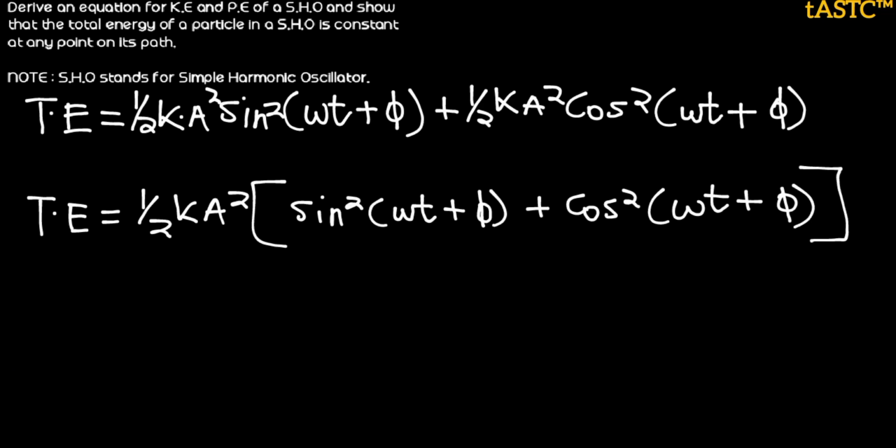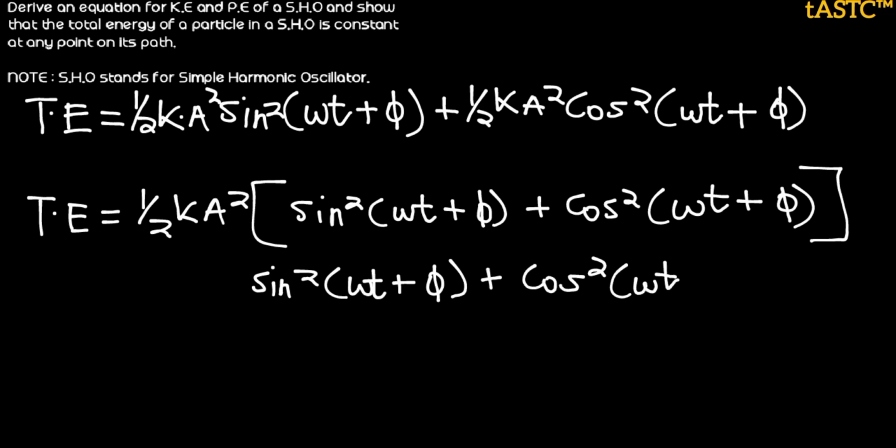Now we already know from the trigonometric identities that if you got sine squared of an angle, let us say omega t plus phi in this case, and I added it to cos squared omega t plus phi, this is going to be equal to 1, because the sine squared of an angle added to the cosine squared of the angle should give us a 1.